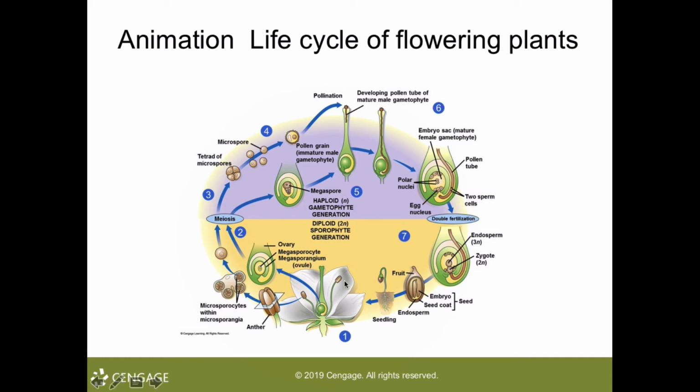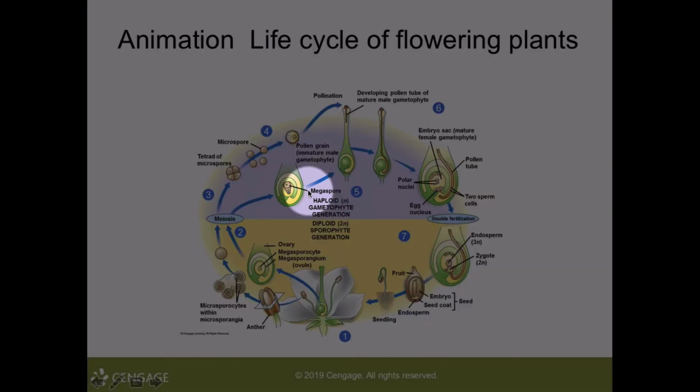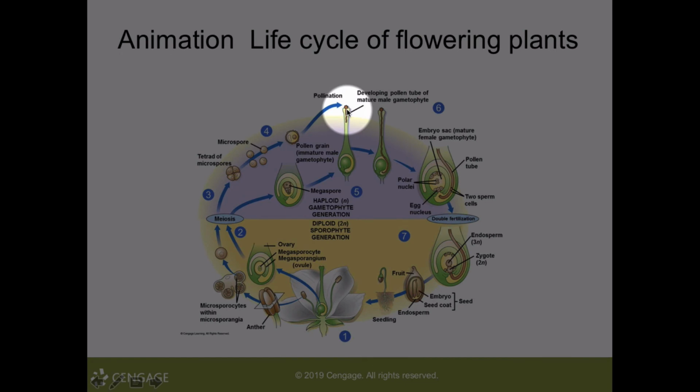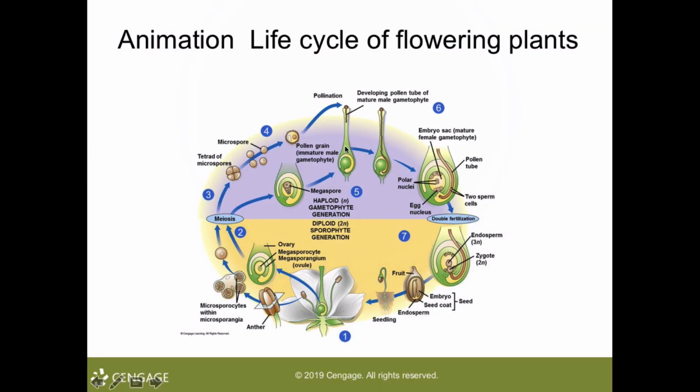The same happens by way of the megasporocyte and the megasporangium. So that megaspore will be produced from the process of meiosis. Upon pollination occurring, of course the pollen tube forms. Those two cells will travel down into that embryo sac.